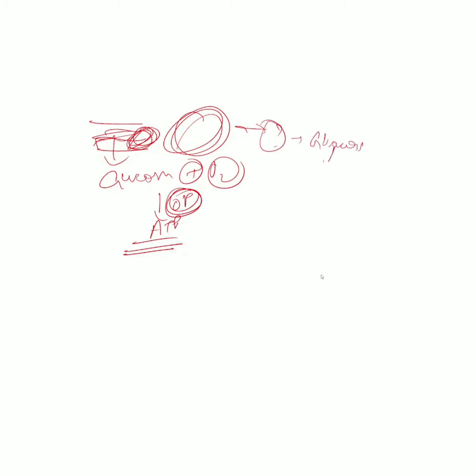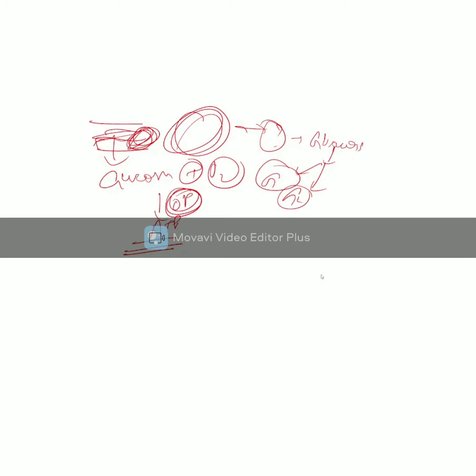That is why it releases all these hormones like glucagon, glucocorticoids, etc. And thereby it increases gluconeogenesis, that results in hyperglycemia.